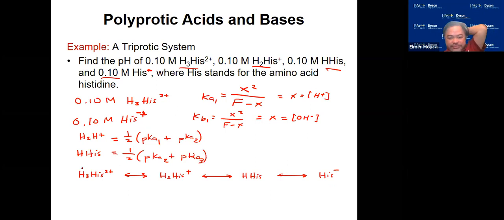So what is in between them? Ka1, Ka2, Ka3.